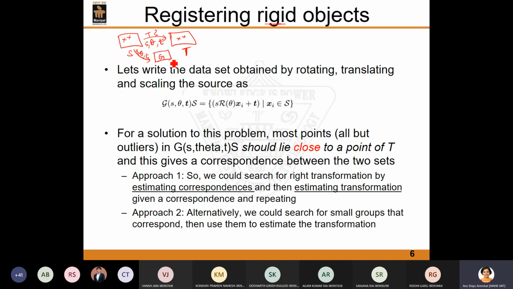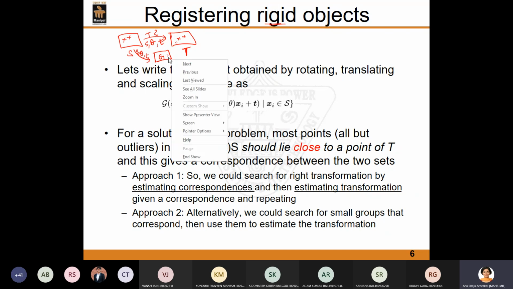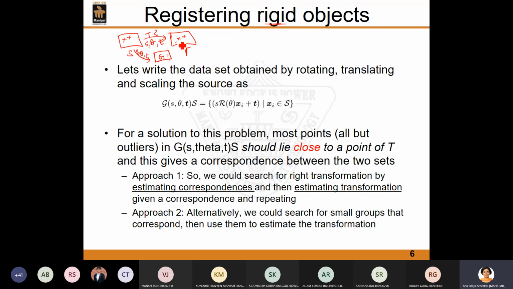Next I try to calculate the similarity between this G and T. G is basically the transformed version of the source, and after getting it, I calculate how similar G and T are, and based on the similarity I put a particular score.